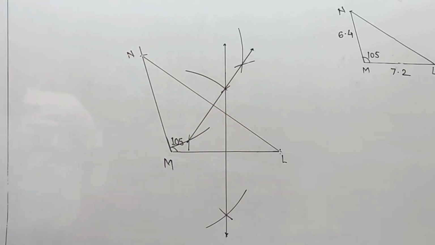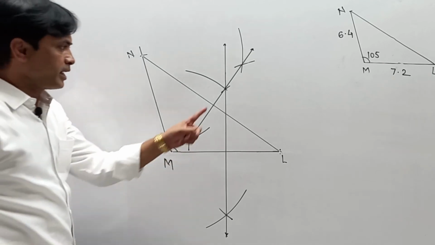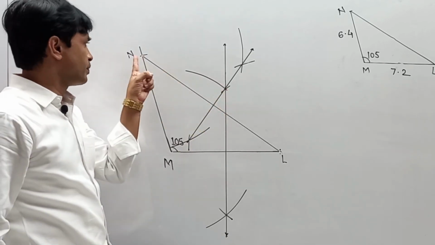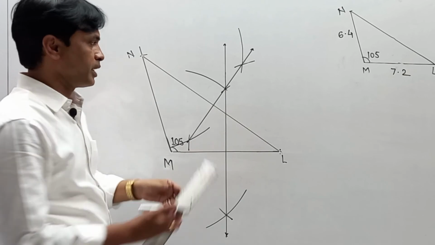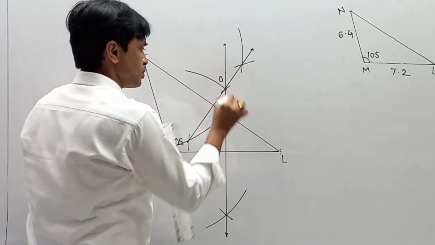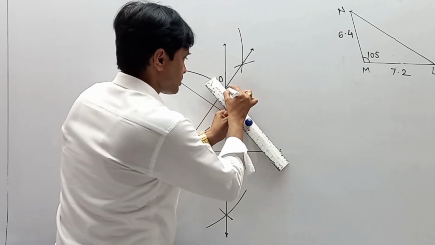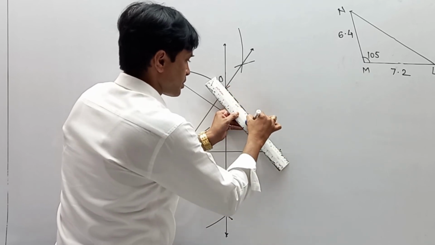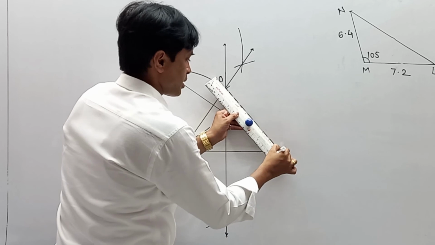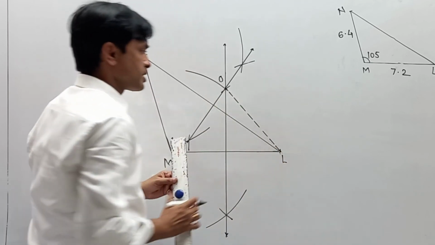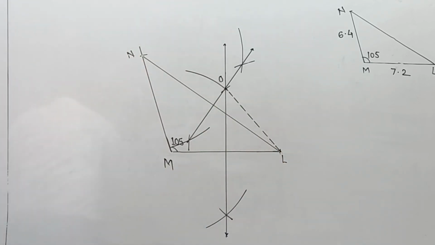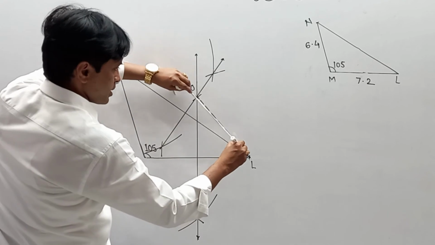This point will act as the center for the circle. From this point you can take a radius. Either you can join this point with N or you can join this point with L. I am going to indicate this point as O, and here I am going to join O with L. Remember, this is the radius or radial distance for drawing the diagram. And now I am going to draw the circumcircle.